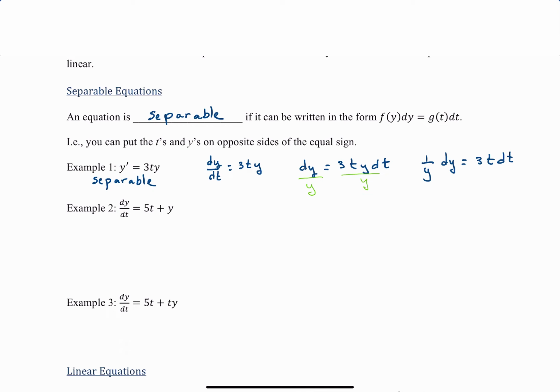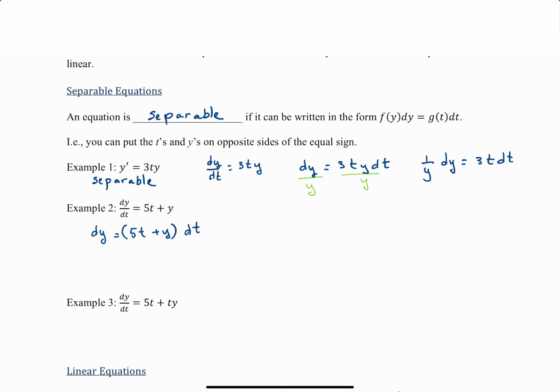Let's look now at dy dt equals 5t plus y. If I multiply both sides by dt, I get dy equals 5t plus y. I need parentheses, and that's all being multiplied by dt. How am I going to get that y over with the dy? I can't subtract because it's enclosed in the parentheses.